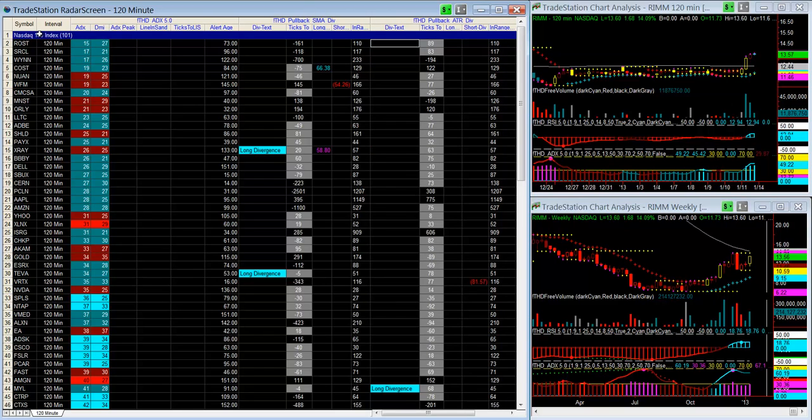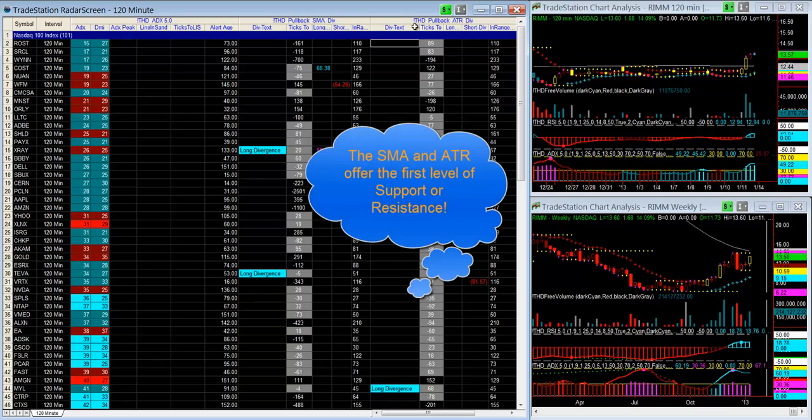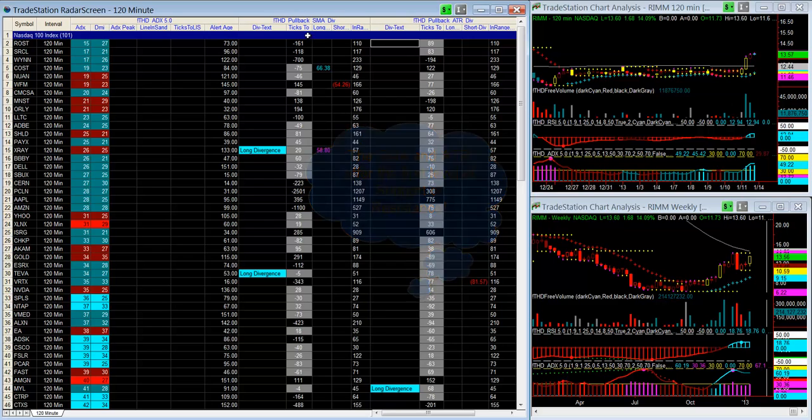Now, this is the NASDAQ 100. It's just the standard list that is built into TradeStation. And what I'm going to do first is sort by the SMA and then by the ATR later. The reason is I want to go in on a 120-minute chart. And of course, as all of my students know, I believe that the SMA and the ATR offer the first level of support and resistance.